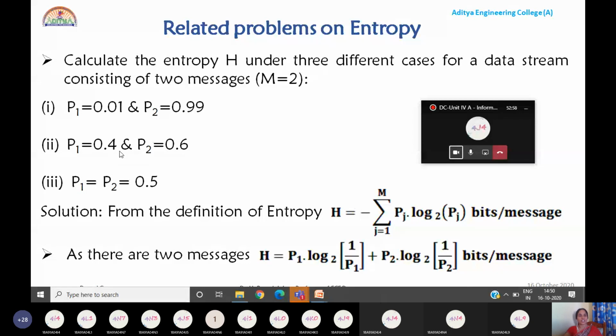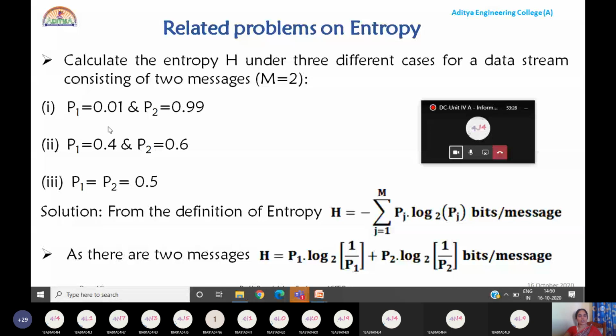And in the third case, if you observe, this is an equally likely condition. So here you will get maximum entropy for two equally likely messages, which is log 2 base 2, that is 1 bit per message. In the first case, even though two messages exist, only one message has maximum probability and the other has minimum probability.